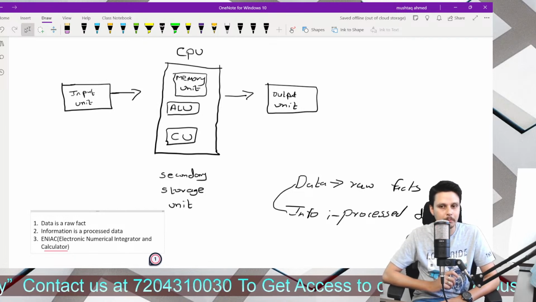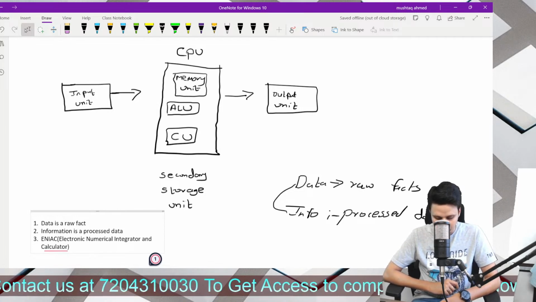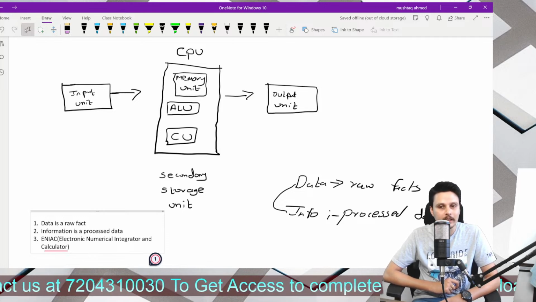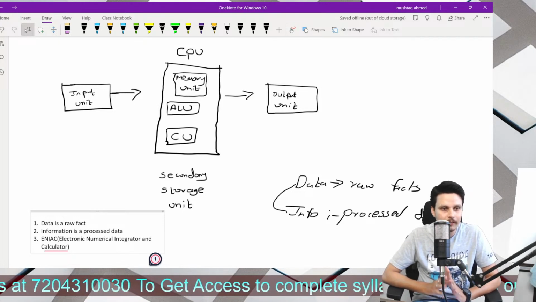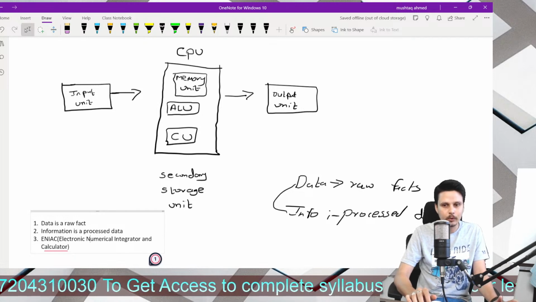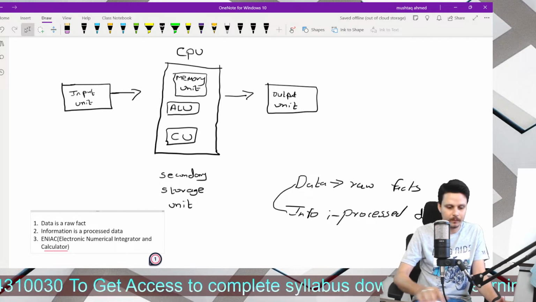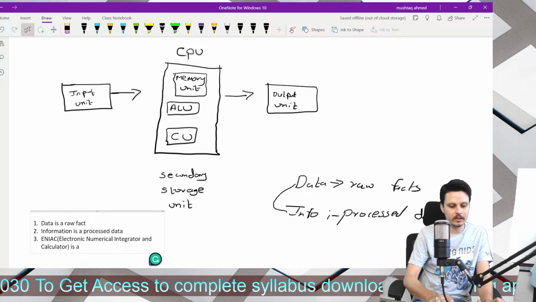It is the first computer, which was designed in 1946.